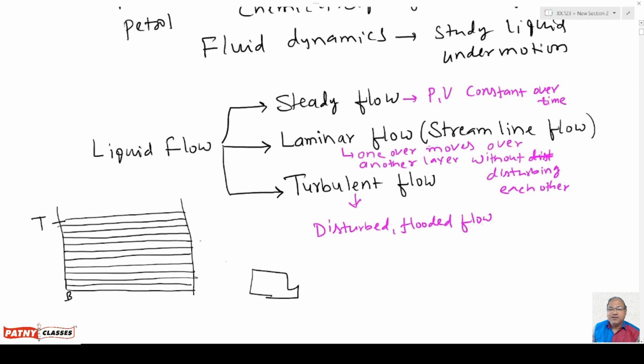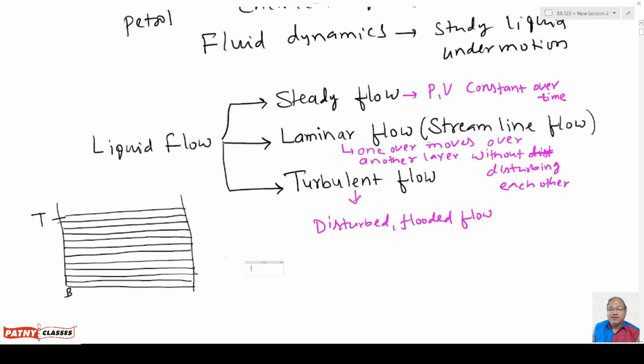If they are moving such that one layer is moving over another, without disturbing each other, smoothly and steadily from one point to another point, then when the water or a liquid is flowing such that one layer moves over another layer without disturbing each other, the flow of the fluid is called a laminar flow. Laminar flow is also called a streamline flow.